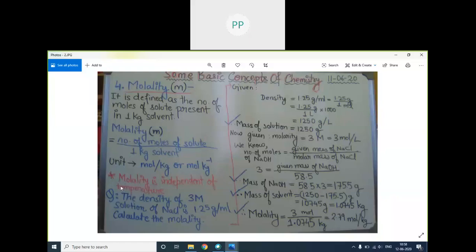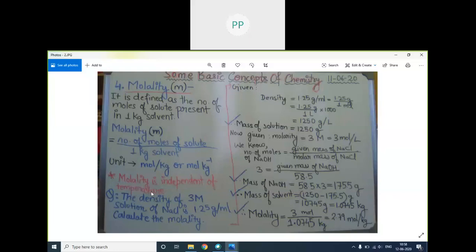Hence, molality is independent of temperature because in the denominator we have mass, and we know mass is constant for any substance. So mass doesn't vary. So molality is independent of temperature, whereas molarity depends on temperature.